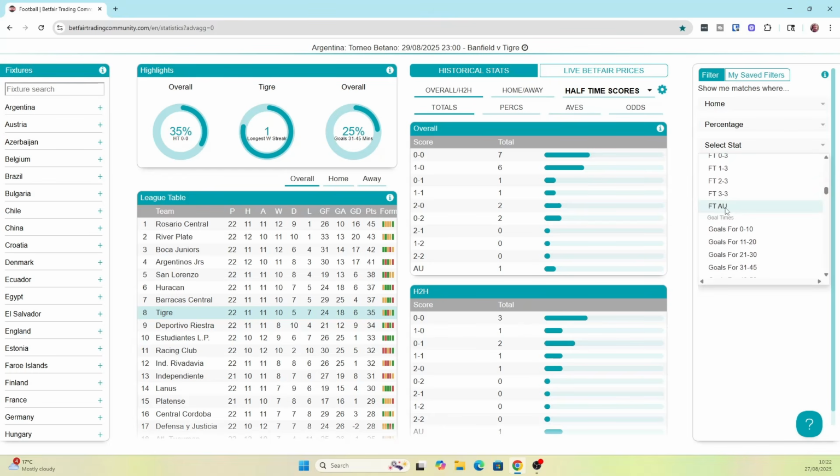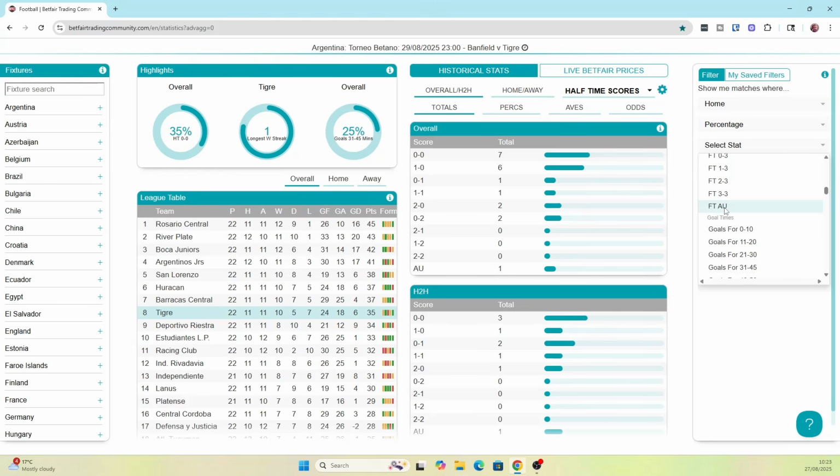Now, this is where a lot of people often ask me a question: what does AU mean? So AU is the term any unquoted is what it stands for. Now, in Betfair parlance and in Betfair phraseology, what it means is odds on a scoreline that isn't quoted on their market, on the correct score market. So if you notice on the Betfair correct score market, they'll have a list of scorelines like 1-0, 1-1, 2-1.